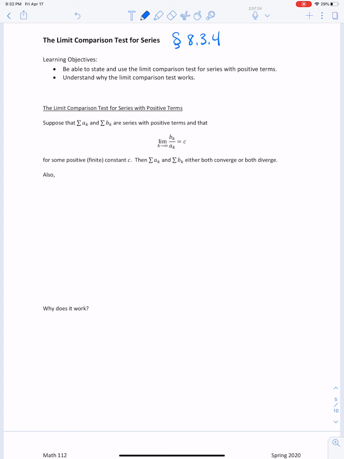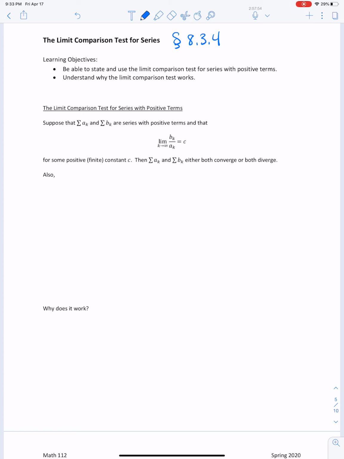The idea is if we have two series with positive terms, and we look at the ratio, term by term, of those summands, then if the limit of those ratios as k goes to infinity is a constant, then the series have the same convergence behavior. Either they both converge or they both diverge.